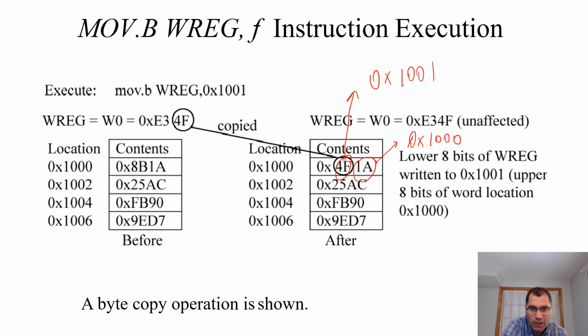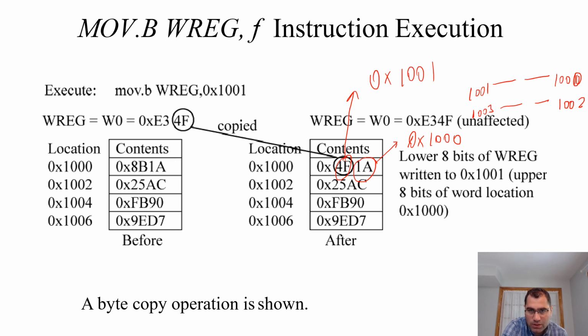If you do it 8-bit, this is one address location and this is the next, so going down this is 1000, this is 1001, this is 1002, and this is 1003.